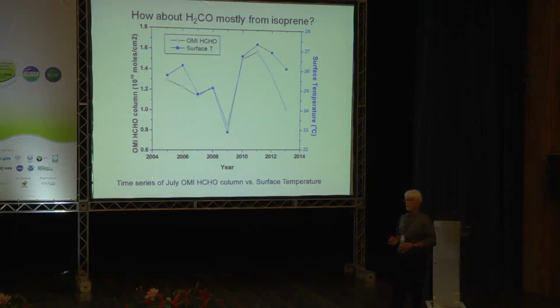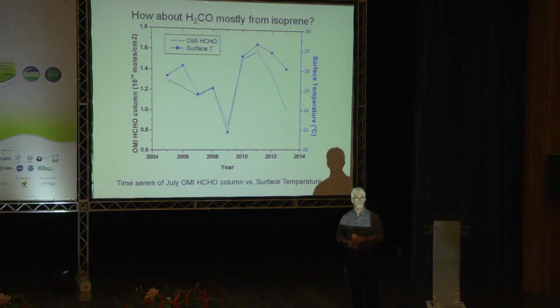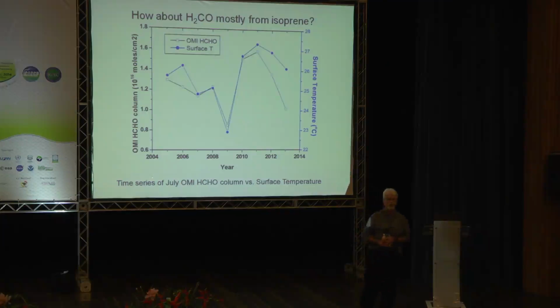These are formaldehyde observations from OMI, the summer averages for the past few years, and temperatures plotted on there as well. So you can see that there's a pretty good correlation between temperature and formaldehyde. Why is that?